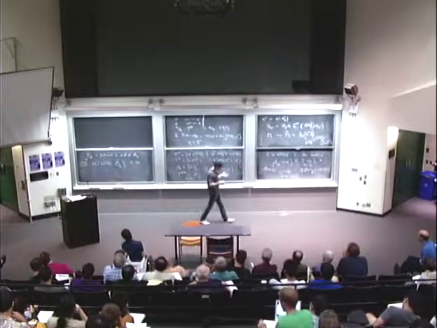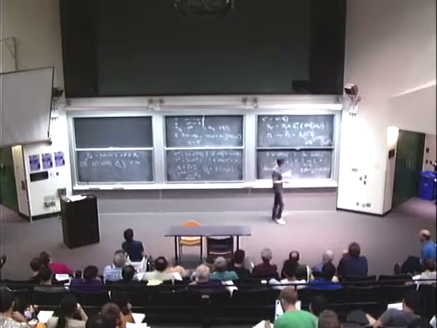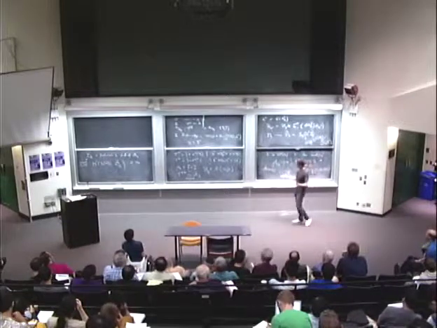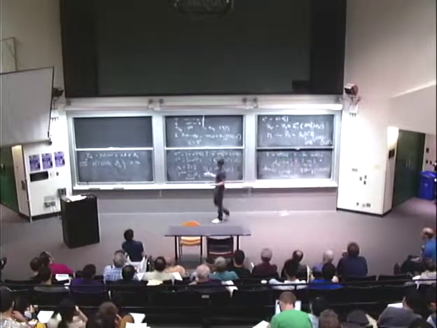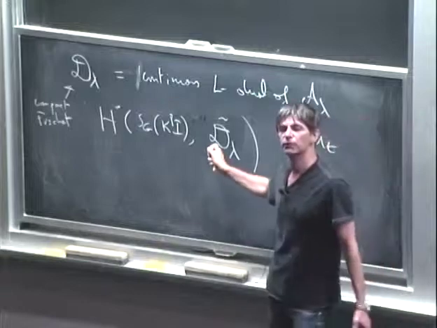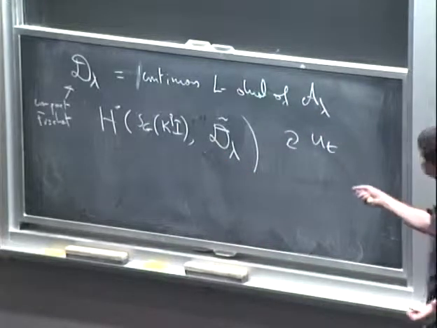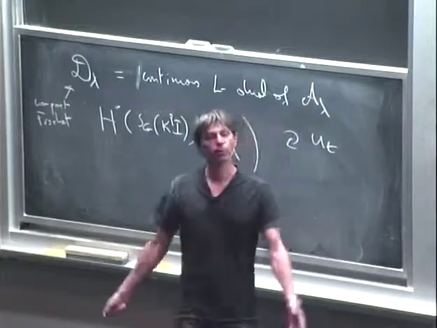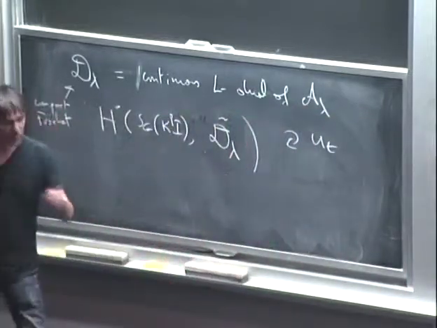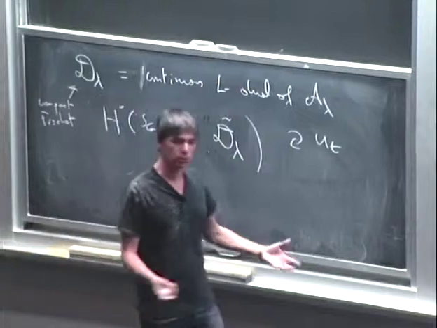And now those complexes are basically given by finitely many copies of the D_lambda, and therefore you have a compact action of the U_p on each of the terms of this complex. And therefore, at the level of the complex, you have a spectral decomposition.